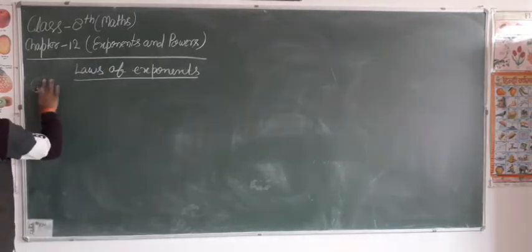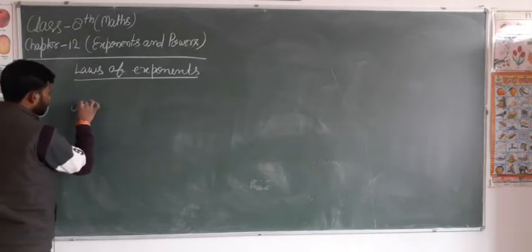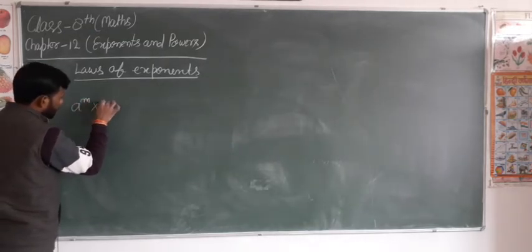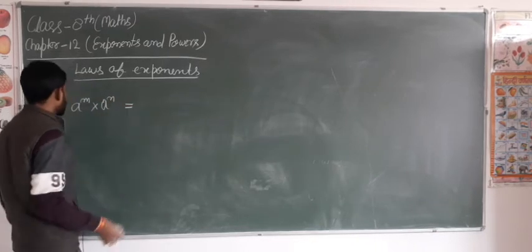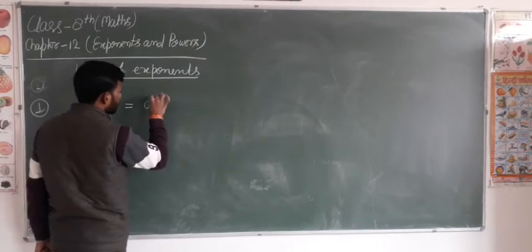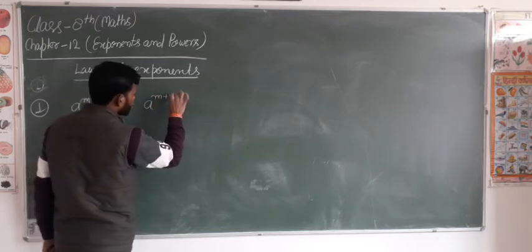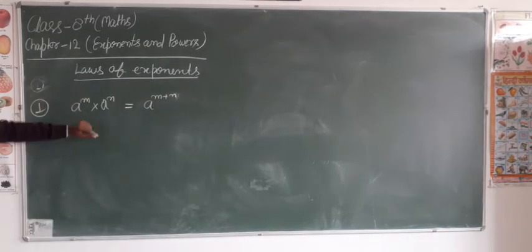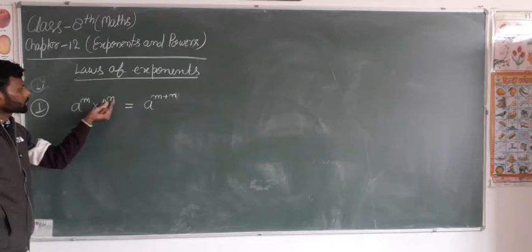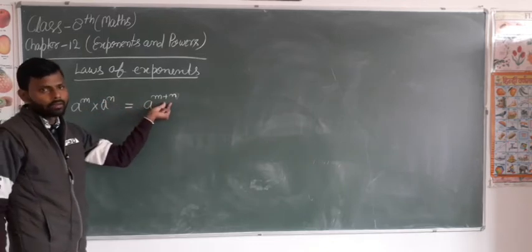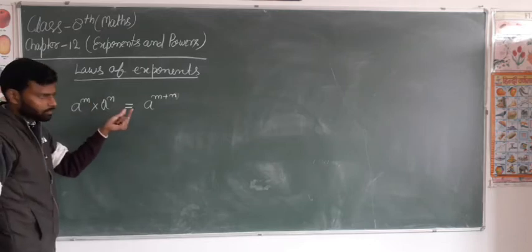First law: a to the power m multiplied by a to the power n is written as a to the power m plus n. That means when the base is the same, then powers will be added. When the base is the same, we will add the powers.